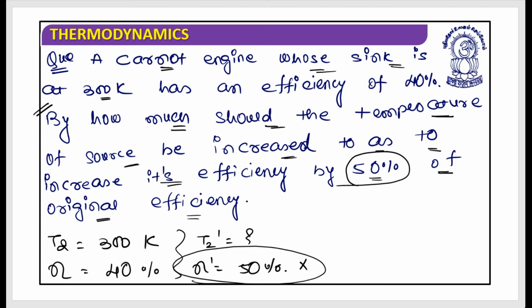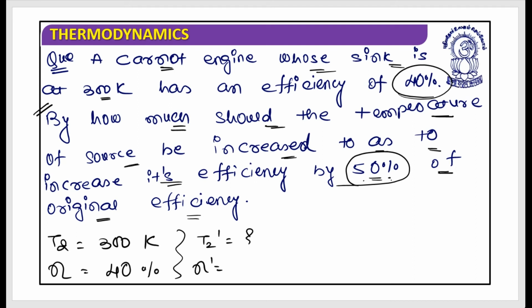So you don't want an absolute 50%, you want an increment of 50% on this 40%. I hope this is clear.